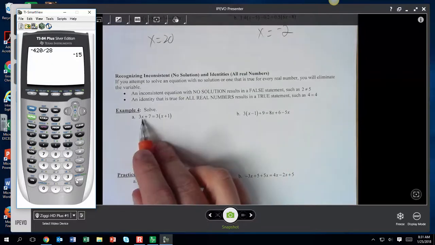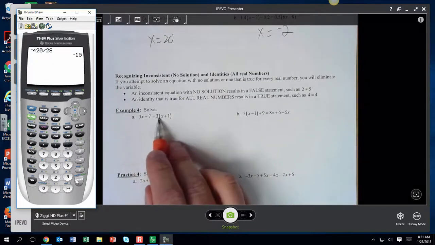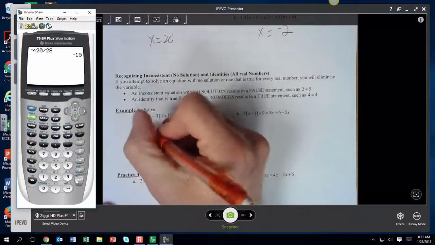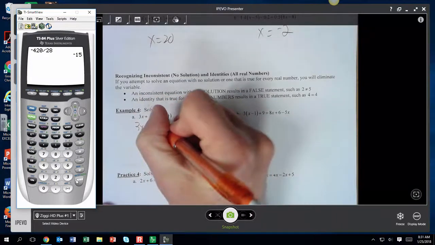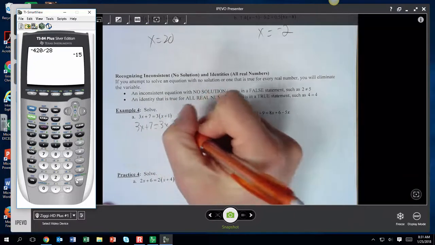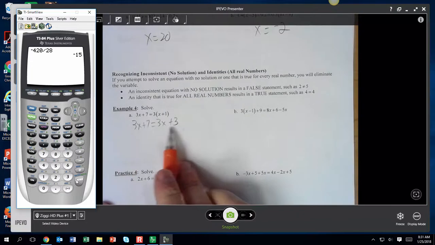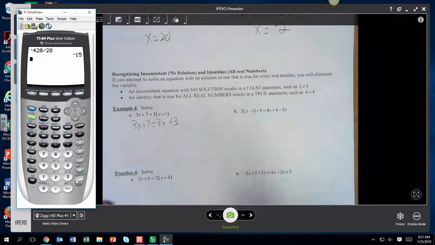So let's take a look at our first example. Does 3x plus 7 equal 3 times the quantity x plus 1? Well, to start, let's distribute. 3x plus 7 equals 3 times x is 3x plus 3. Well, 3x plus 7 can equal 3x plus 3, but let's run through the process here.